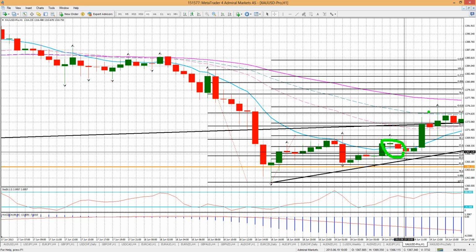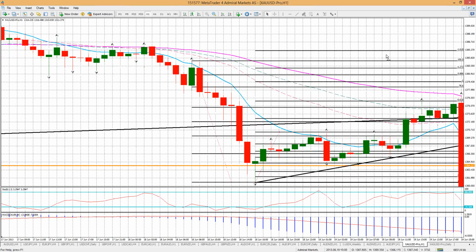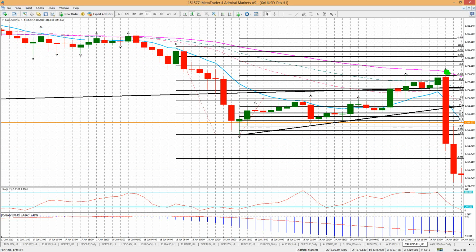I said it's going to probably move up to the 618 target, and it did to the pip. Look at that, right to the pip. That's how you can use fib retracements and targets to your advantage. It can't get more accurate than that, basically, to the pip. And, oh, sorry, still pushed a bit through. Pardon me. But anyhow, good enough for me. How much was it? Okay, it pushed $1 or not even that.